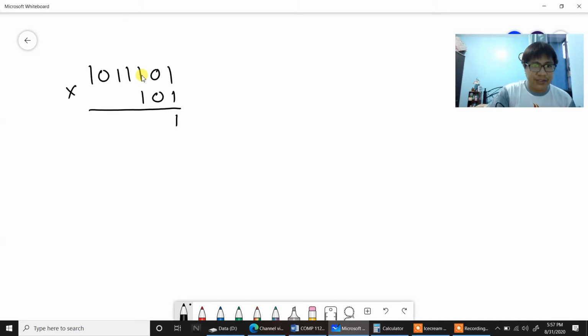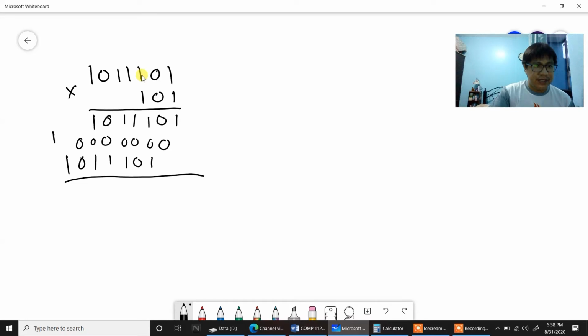So 1 times 1 is 1, giving 1 0 1 1 1 0 1. Make sure of the placement. Now for the 0, 1 by 1, then 0, then 0, 0, 0, 0, 0. Then the last is 1. So you have 1 0 1 1 1 0 1.